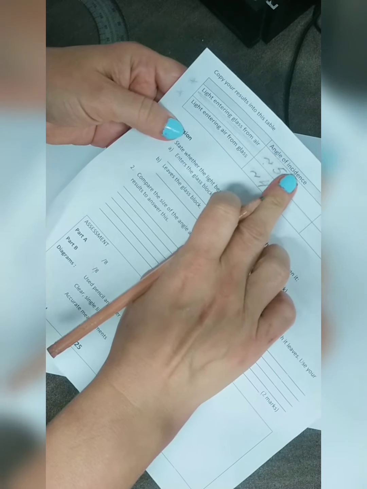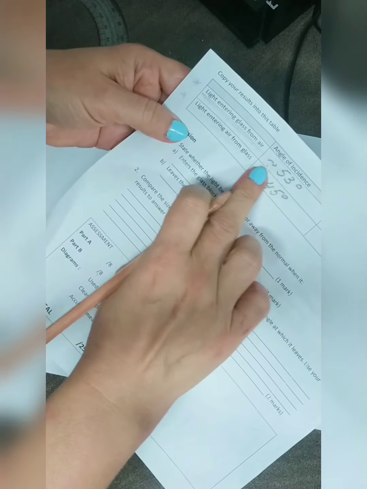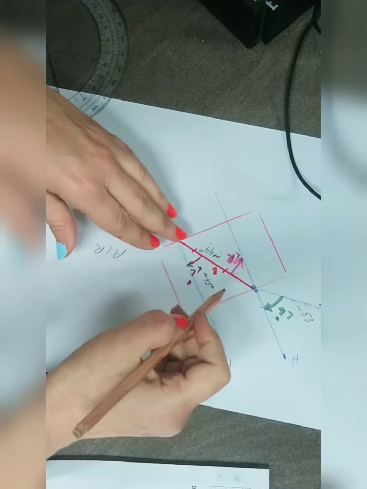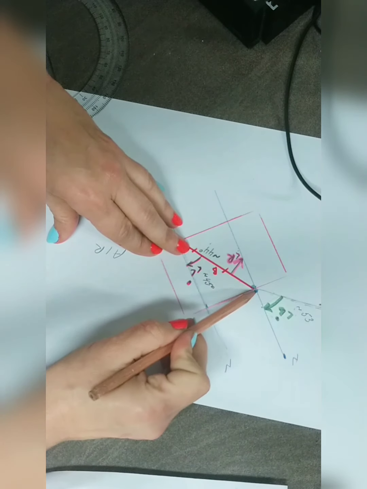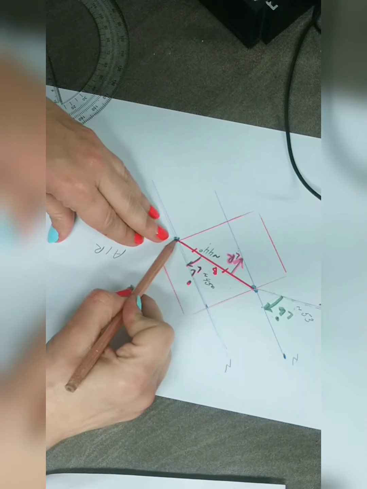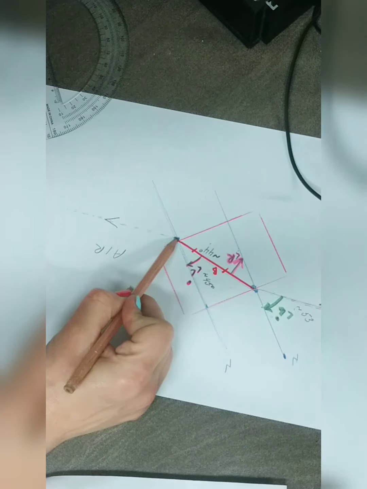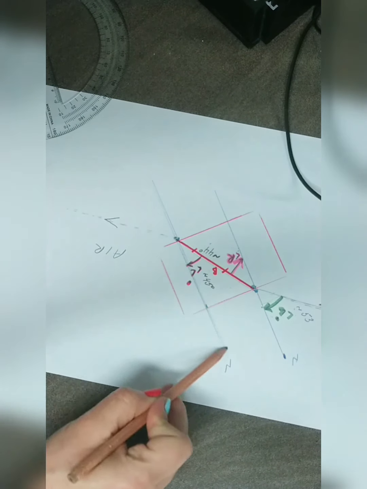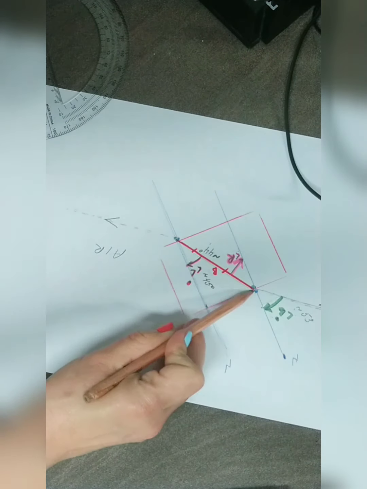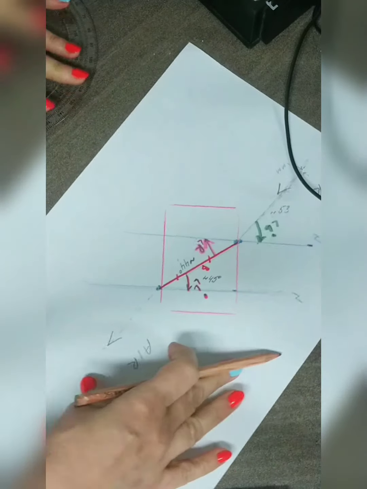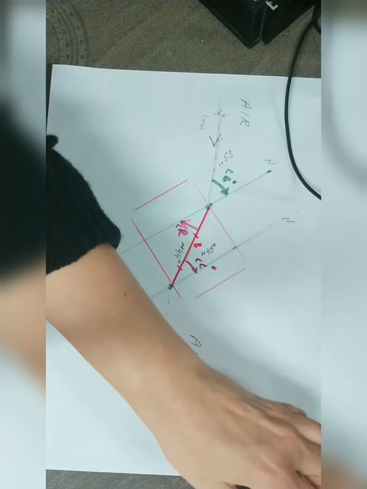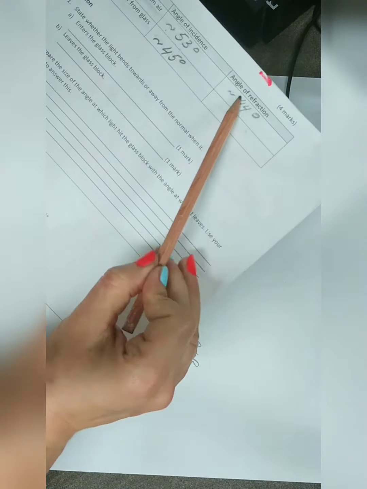The angle of incidence of this light. Okay, so this is the angle of incidence of the light coming from the glass to the air, between the normal line and this line. Now, the lucky last one is angle of refraction.